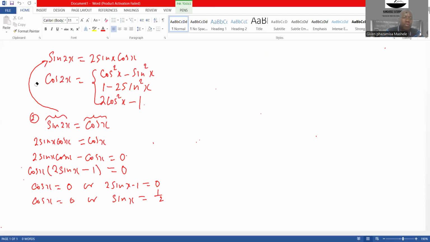When we are determining the general solution for cos x equals 0, the angle x is plus or minus inverse cos of 0 plus k times 360, where k is an element of integers. That is the first one.